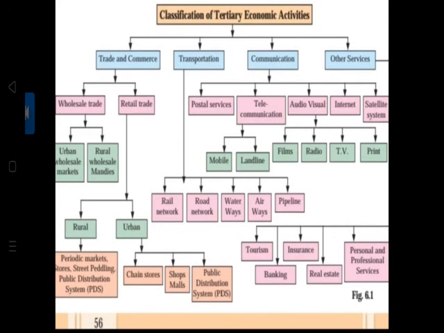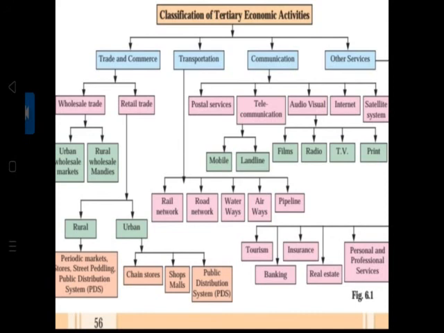Each of these services is provided in exchange for money, or what you get in return is money. That's why I said, when you think about tertiary economic activities, the only word that should come to your mind is service. Primary activities: natural resources, being amongst nature.